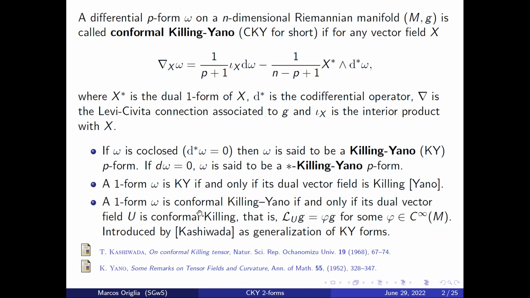This generalization is a conformal Killing one-form, which was made by Kashiwada in the 60s. So you can see the conformal Killing equation as a generalization of the usual Killing p-forms, or actually as a generalization of the Killing vector field.